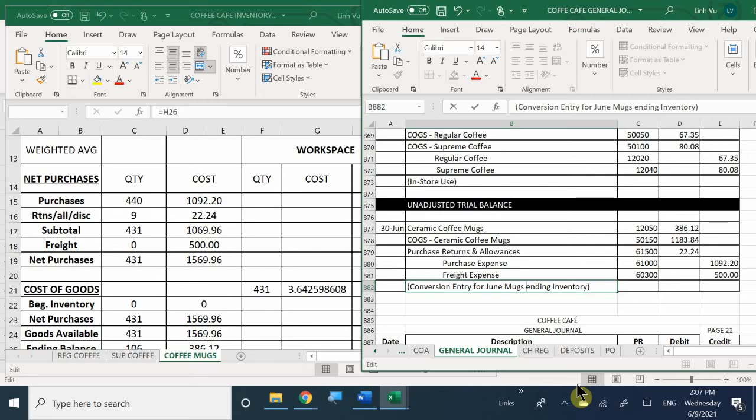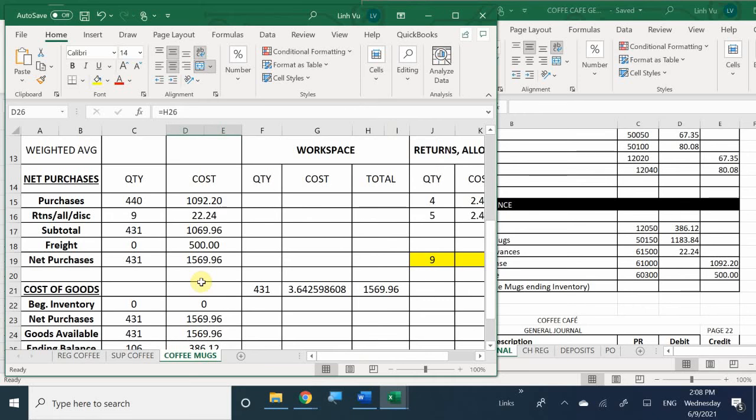But let's say we were continuing for next month, we already know when we start next inventory, we're going to start off with 106 mugs. Correct. Yes, your beginning inventory will be 106 mugs. Save your inventory worksheet because you are officially done with the inventory worksheet.